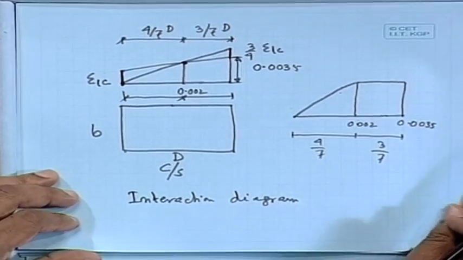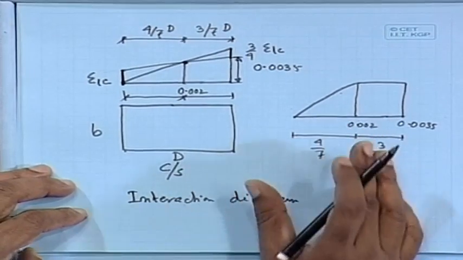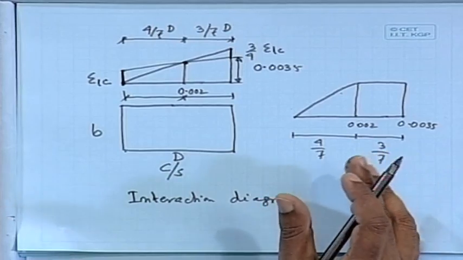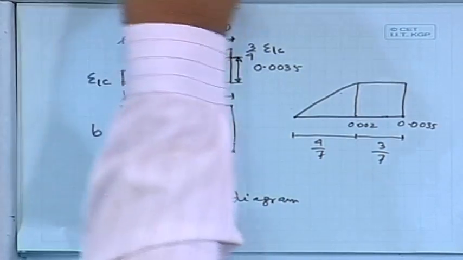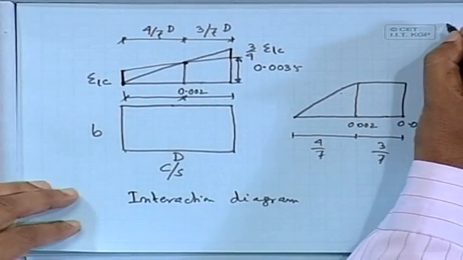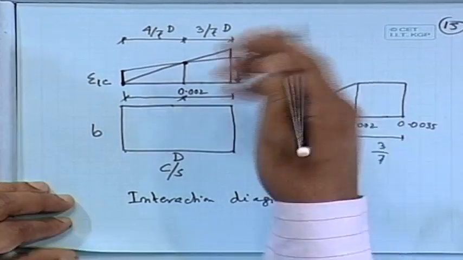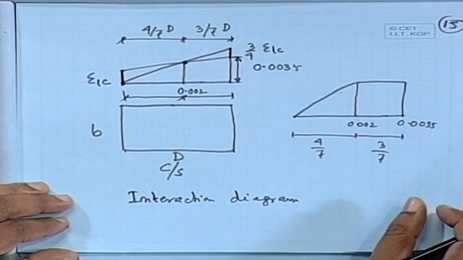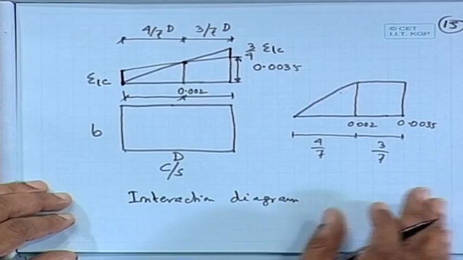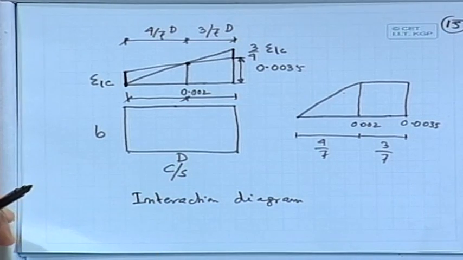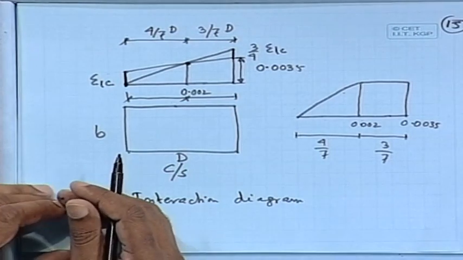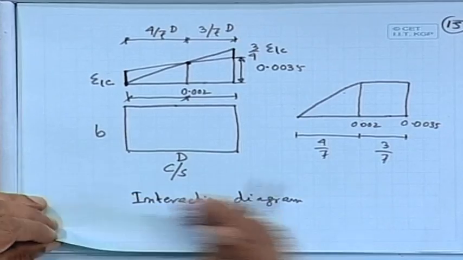Now, let us come to the permissible stresses, and accordingly let us find out how much load it can take. That means, for the section you are providing, what is the maximum load, that is Pu, it can take.